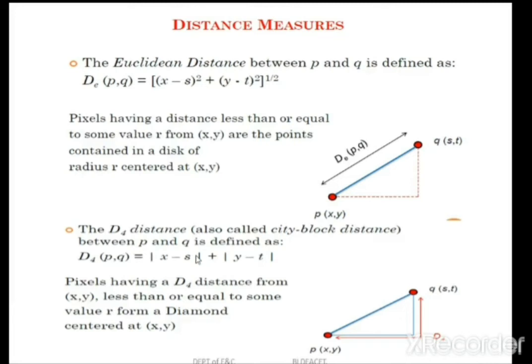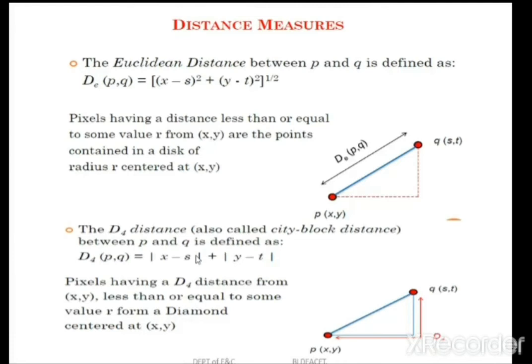Similarly, we have D4 distance. The D4 distance is also called city block distance. The D4 distance between the pixels P and Q can be defined as D4 of P, Q, and is given by the equation absolute of x minus s plus absolute of y minus t. Remember again, x and y are the coordinate points of P, and s, t are the coordinate points of the pixel Q. So remember these equations.